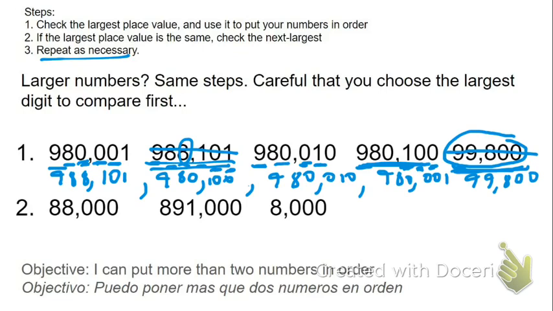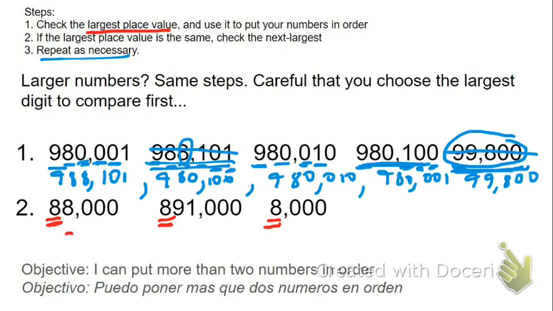Okay, let's do a little simpler version of that. Down here, I've got three numbers. They all have the same first place value, but do they all have the same largest place value? They don't. This one has 8 in the hundred thousands place. This has 8 in the 10,000s place. And this has 8 only in the thousands place.